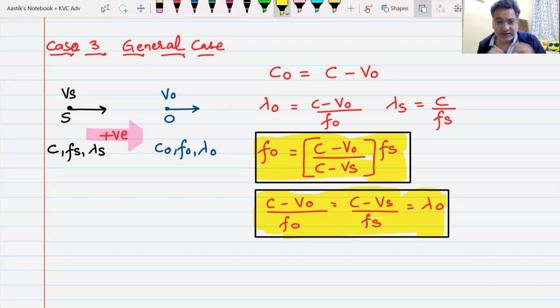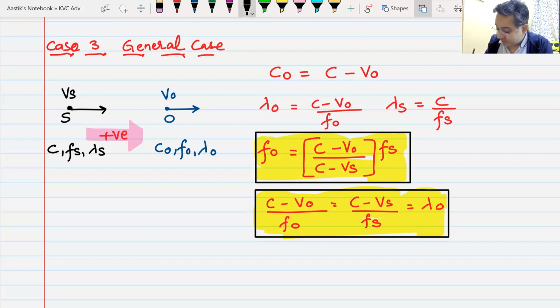Now, sometimes they may not be traveling in the same straight line. In that case, what will you do? Resolve them.